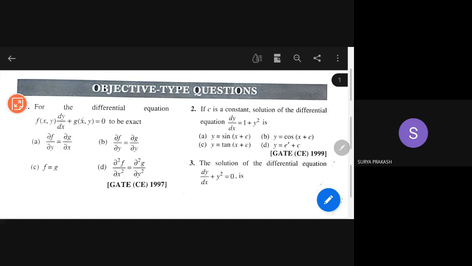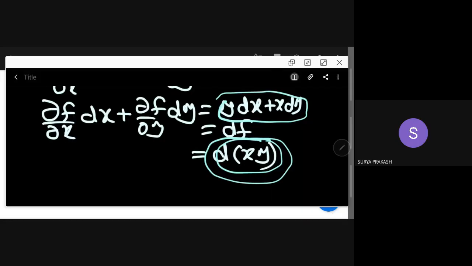So yeah, see here, for the differential equation f of x,y dy/dx plus g of x,y equal to 0 to be exact, what are the conditions? See here, it's a direct formula. Okay, just let me write here.